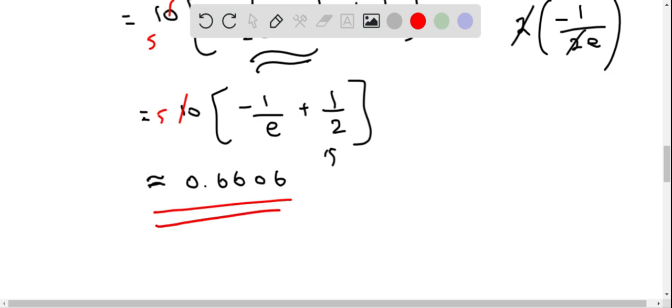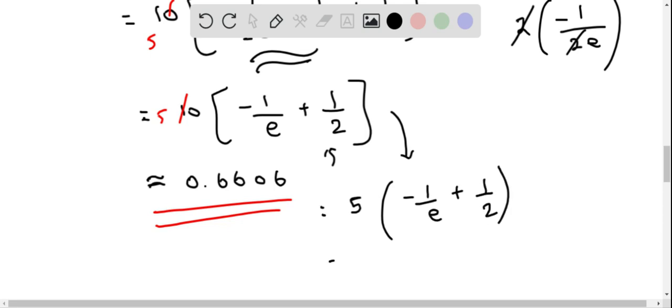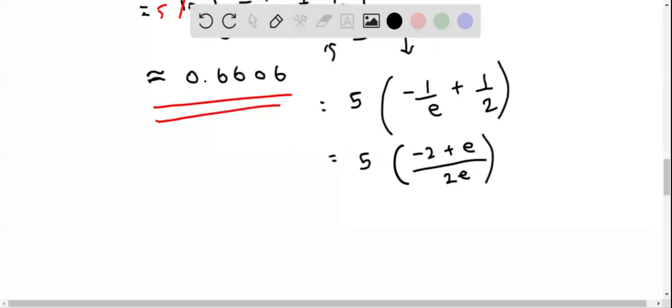This is the approximate value. And if you want only the exact distance, you can write down in terms of the expression. That is, we have to simplify 5 times of negative 1 by e plus 1 by 2. We can simplify this. So this equals 5 times of negative 2 plus e divided by 2e, or in fact if we distribute the 5 into the two terms inside the bracket, we get 5e minus 10 divided by 2e.